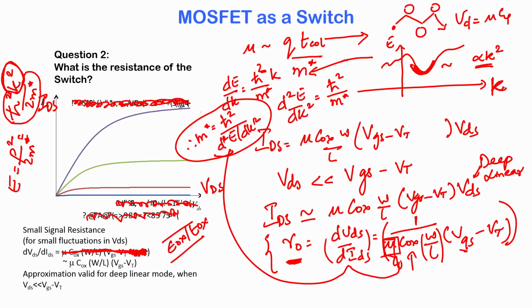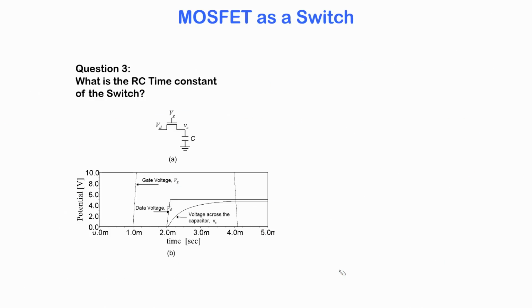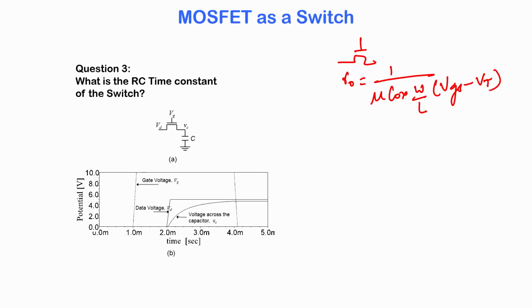We have answered this question, which is what is the resistance of the switch. So, we know that we are going to use the MOSFET as a switch, and we know that it has a resistance of 1 by mu Cox W over L into VGS minus VT. Now, here is the next question. Suppose we use this MOSFET as a switch in a switch capacitor circuit, which is a switch in series with a capacitor, and let us say the MOSFET is on.